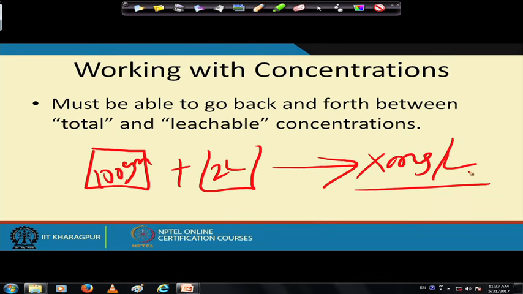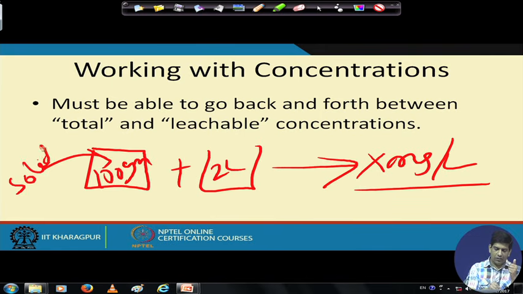This x milligrams per liter is how much of the lead or arsenic present in this solid phase will go into this liquid phase.